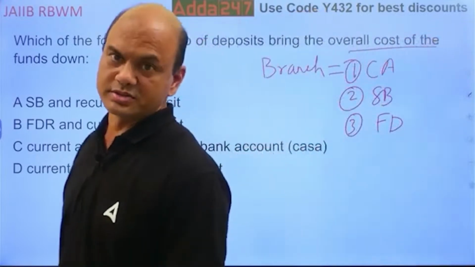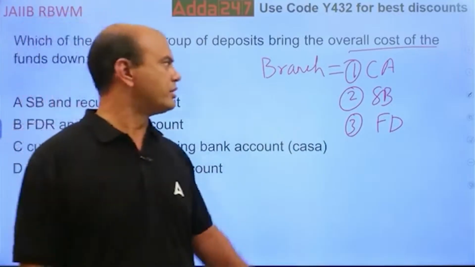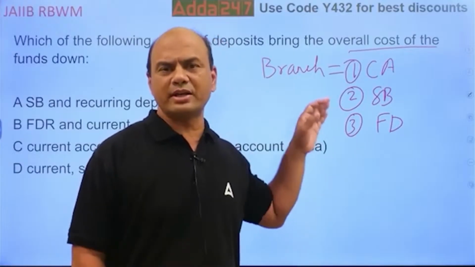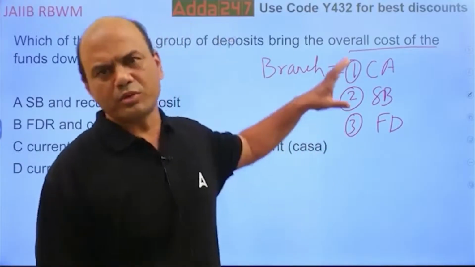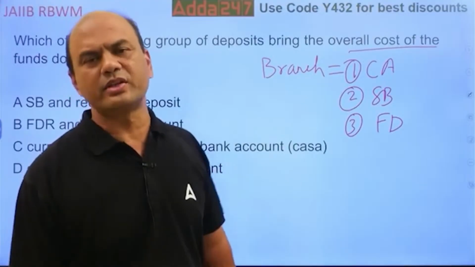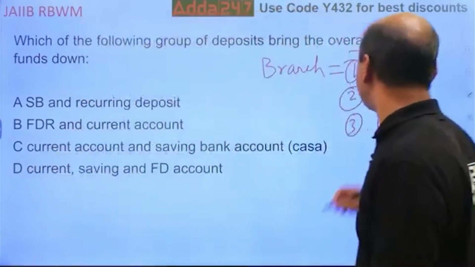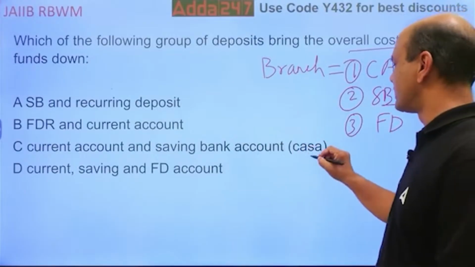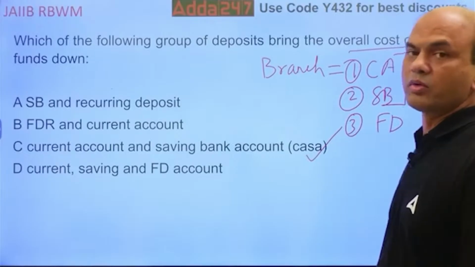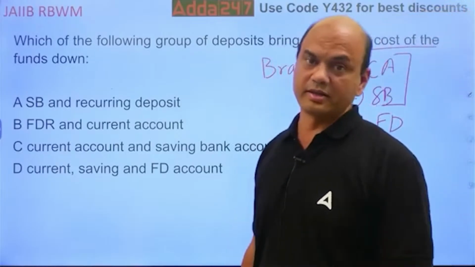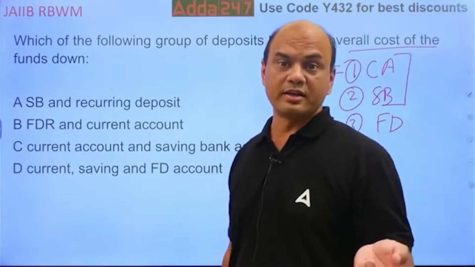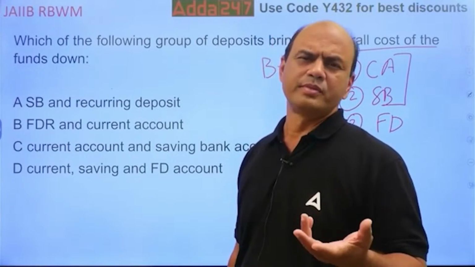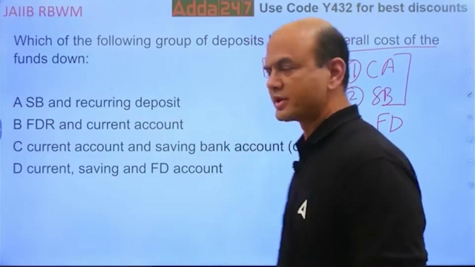Even savings is a bit higher, but we can group these two, current and savings, and call this CASA. Current account and savings account, CASA. This will bring the overall cost of the funds down for the bank. I told you earlier, roughly it should be 35% minimum. CASA.